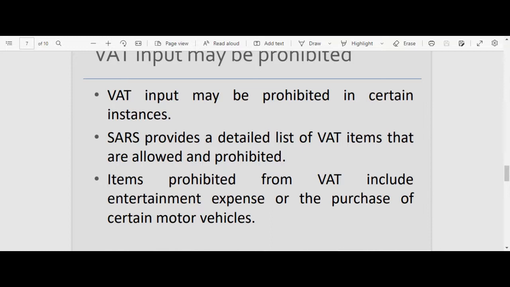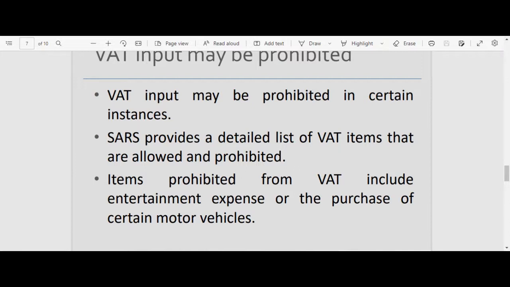If that was reclaimable, most companies would probably provide their workers with breakfast and lunch and everything because they can claim the value added tax back. So any entertainment expenses, and that actually includes staff refreshments, by the way, you are not allowed to claim back the value added tax, the input tax.